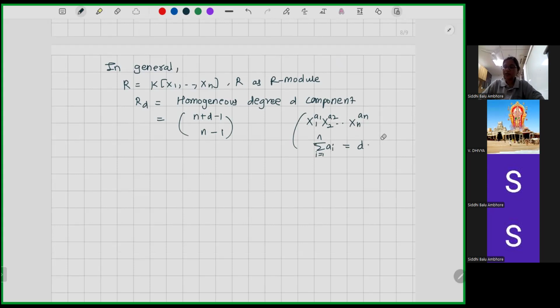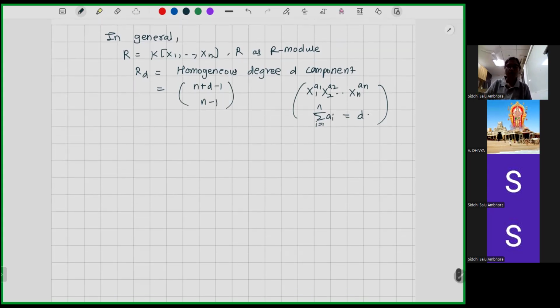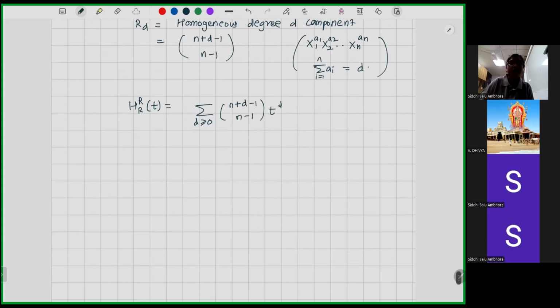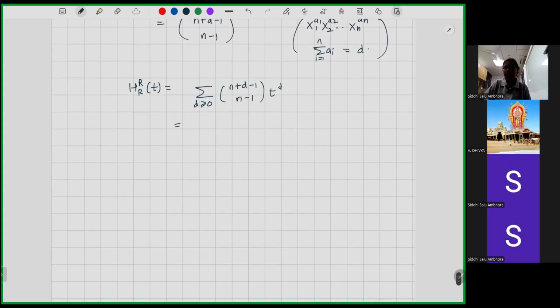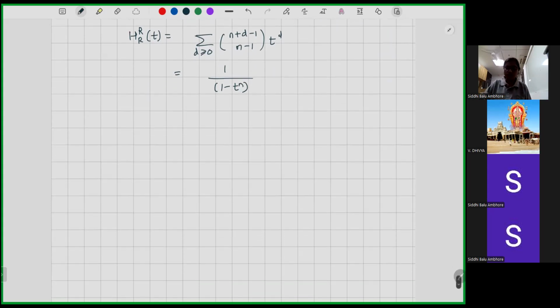These have this many choices: (n plus d minus 1) choose (n minus 1). Then the Hilbert series becomes the sum over d greater than or equal to 0 of (n plus d minus 1) choose (n minus 1) times T to the power d. You can check this is nothing but 1 over (1 minus T) to the power n. So in general, this Hilbert series has this expression.